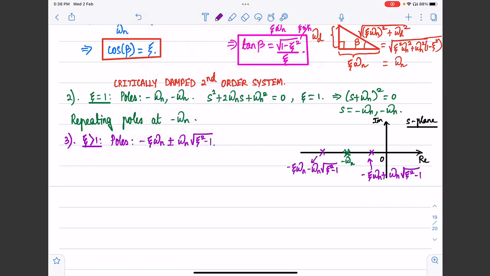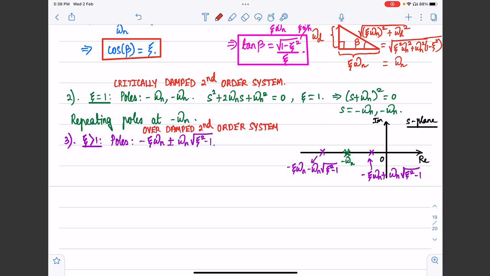Such a system, where we have two distinct poles on the negative real axis, is what is called an overdamped second order system.